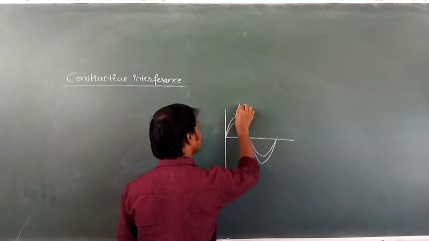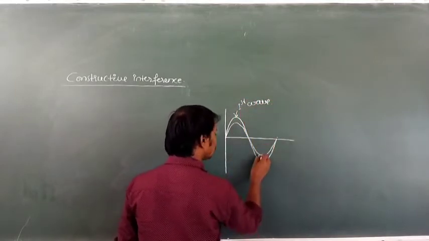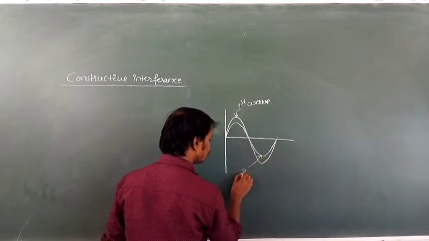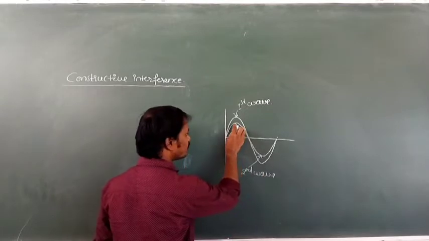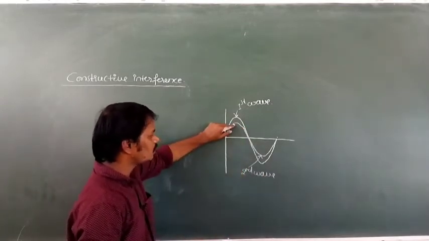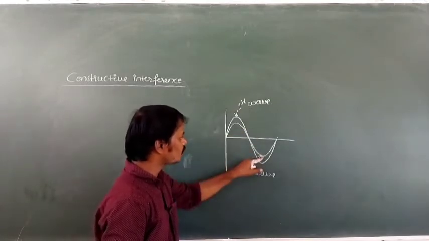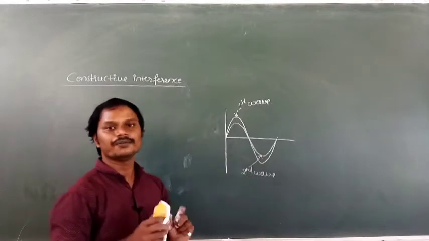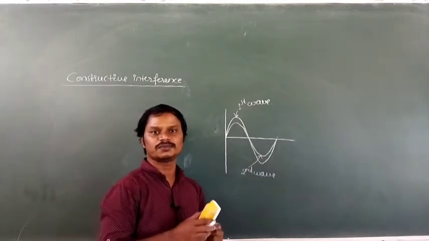Now the crest of the first wave falls on the crest of the second wave and the trough of the first wave falls on the trough of the second wave. Such type of interference of light is called constructive interference.